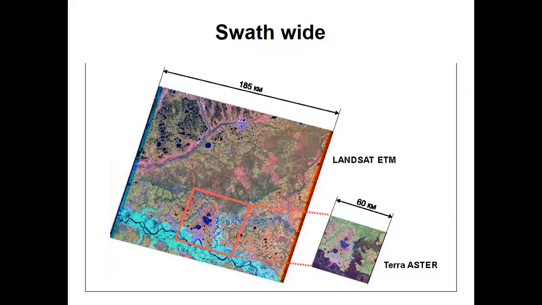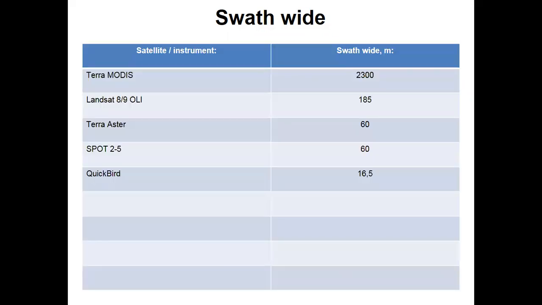And usually the width of this stripe could be very different, could be very wide for some satellites, like the Terra and Aqua satellites, equipped with the MODIS sensor, the MODIS camera, which has a swath width of over 2,000 kilometers, so they could shoot a huge area at once.